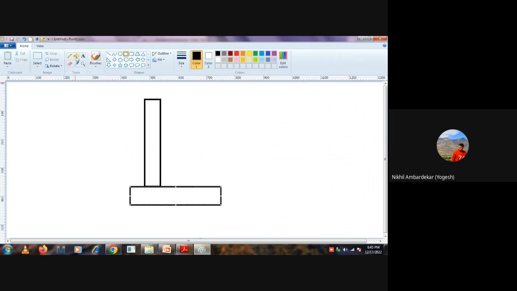Okay, and these are my walls. So because of water pressure, what will happen? The maximum moment will be at the base. Suppose this wall panel is pinned.